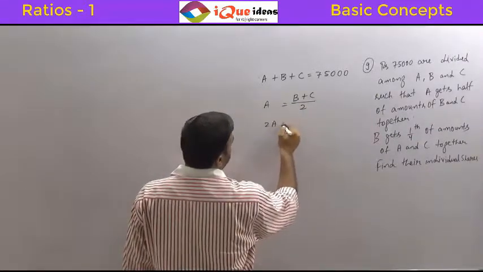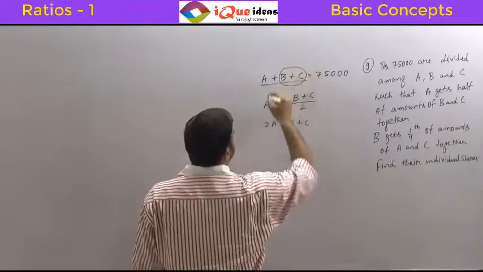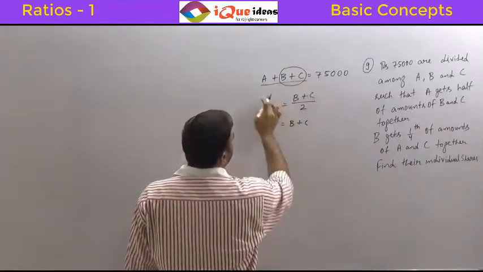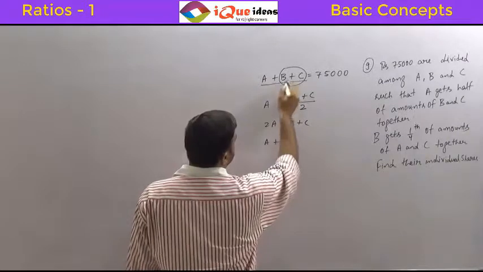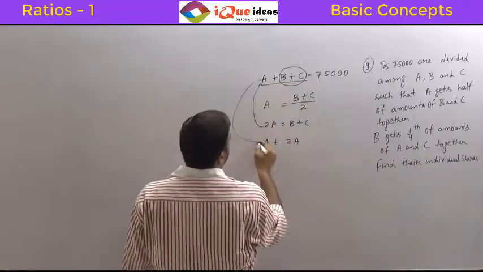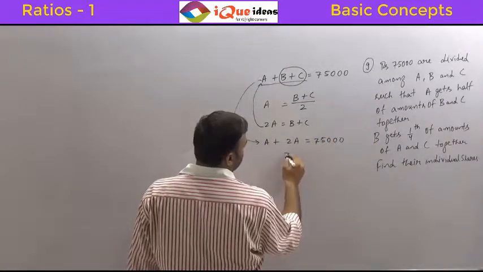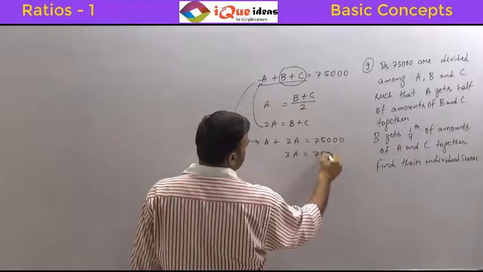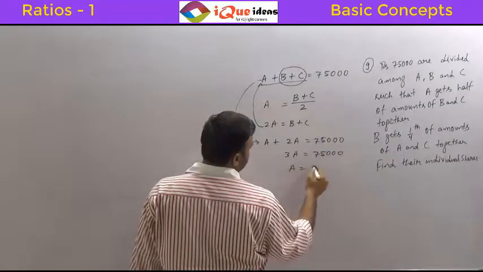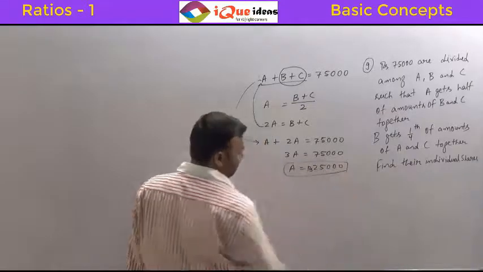So 2A is equal to B plus C. Now in this equation, in place of B plus C, write 2A. So it will become A plus 2A, right? And that is 75,000. So 3A is 75,000. So A's share is 25,000 rupees. So very simply we can find A.